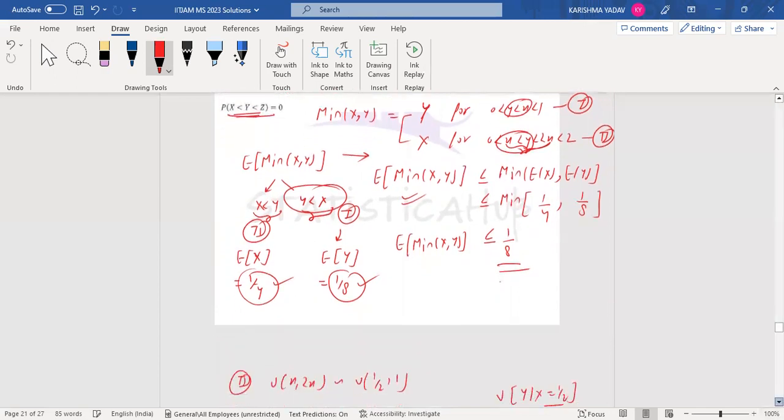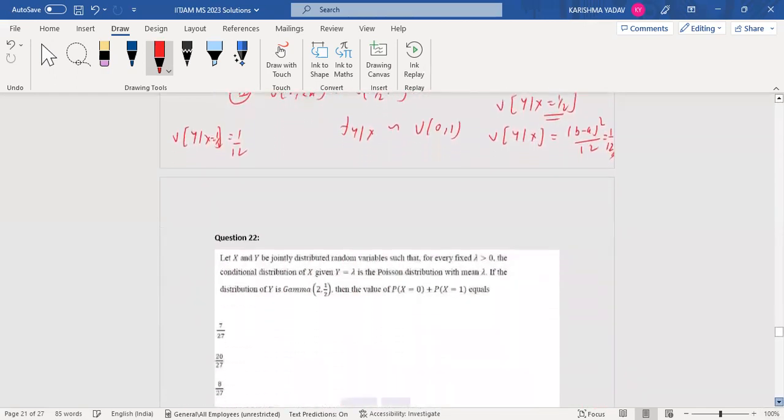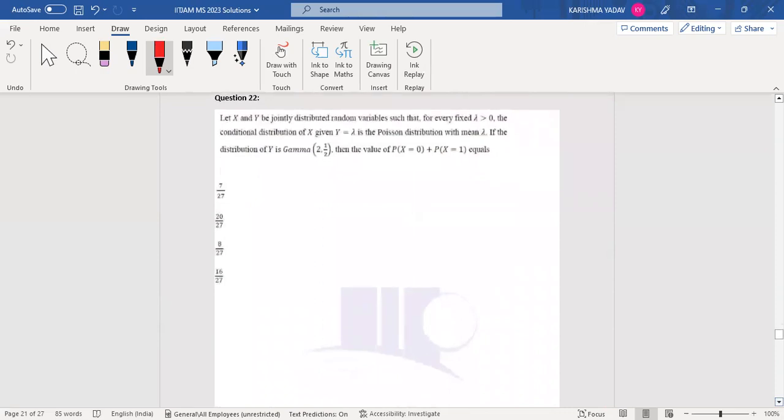Now let's see question number 22. It says let x and y be jointly distributed random variables such that for every fixed lambda greater than 0, the conditional distribution of x given y equals lambda is the Poisson distribution with mean lambda.